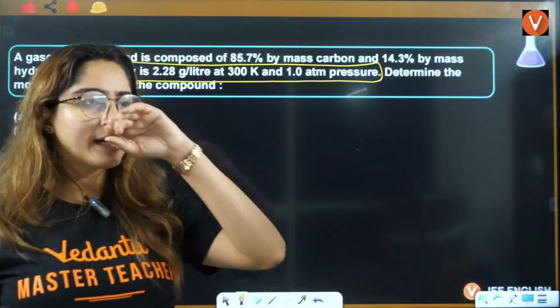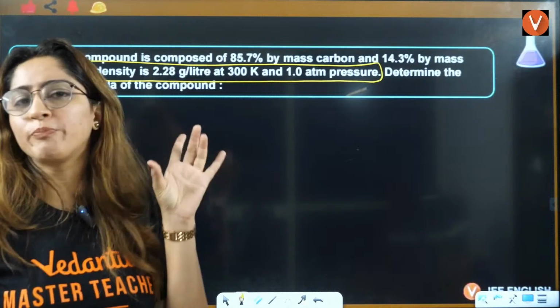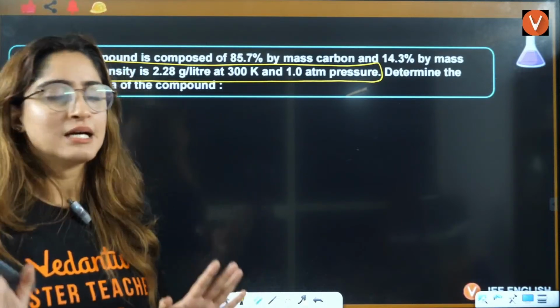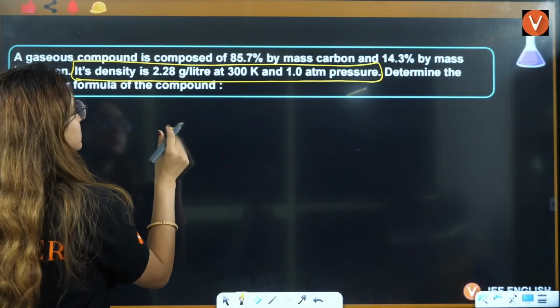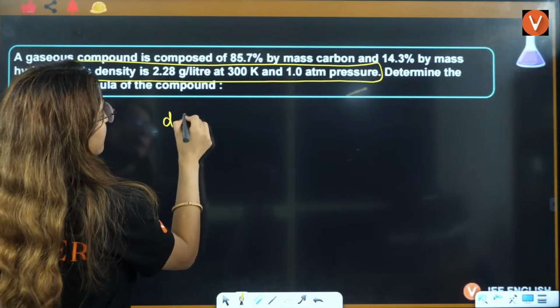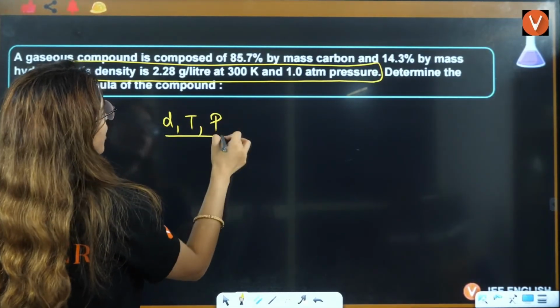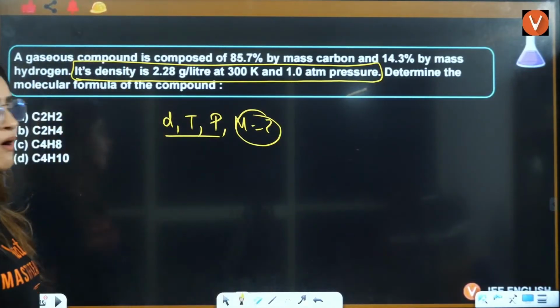I told you that in every lecture, from one topic, I will not pick just one kind of question. There will be different kinds of questions. Now here, density is given, temperature is given, pressure is given, and you have to calculate the molar mass.